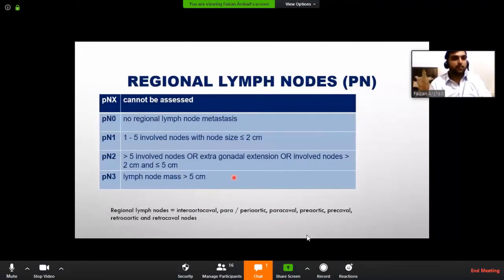And regional lymph nodes: N0 is no lymph node. N1 is 1 to 5 nodes with node size less than 2 centimeter, and N2 is more than 5 nodes or extragonadal extension, or involved nodes greater than 2 centimeter and less than 5 centimeter, and N3 is lymph node mass greater than 5 centimeter.